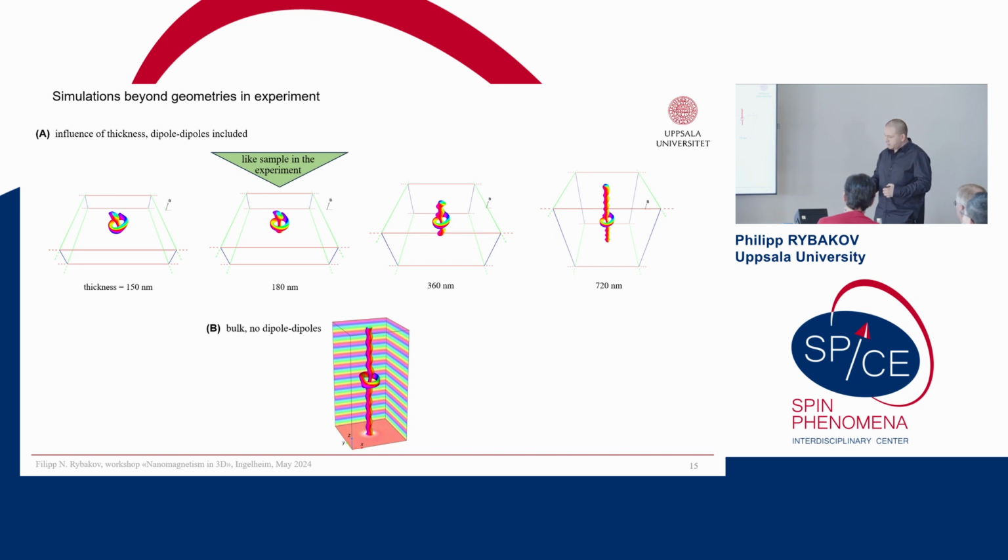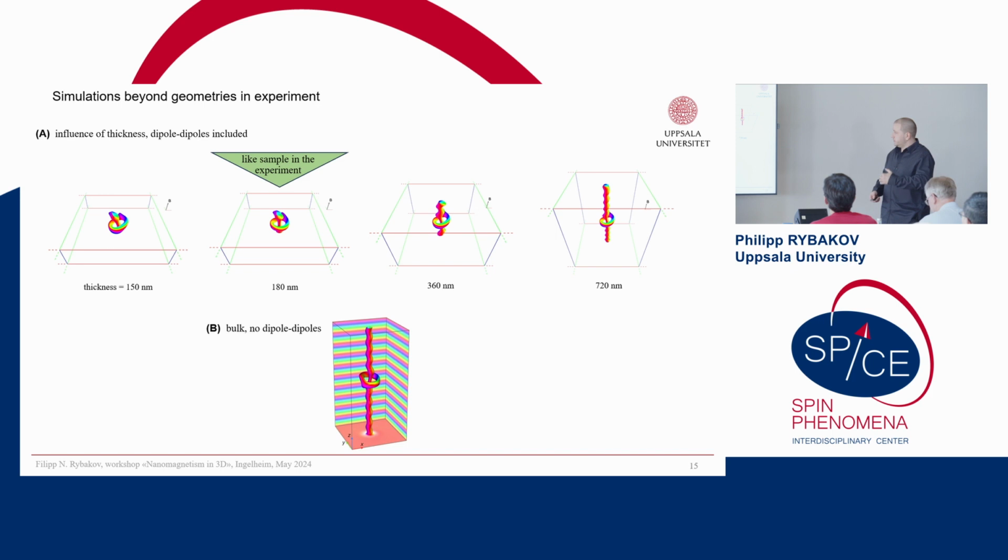But what we can easily do in simulation is change the thickness, and we can track that the phenomenon we discovered is indeed independent of the thickness. So this is indeed something general. Like in panel A, we have this hopfion ring around a skyrmion string for different thicknesses.